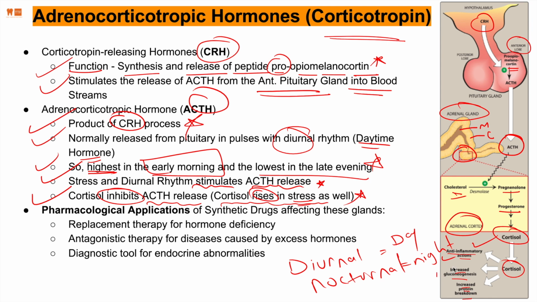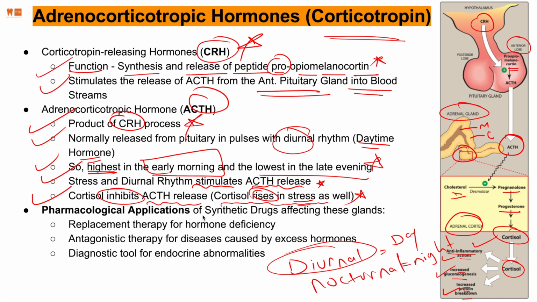Then there's increased gluconeogenesis, meaning it produces more new sugar from the liver, increases protein breakdown, and it actually becomes metabolic, right, in a way. So cortisol is an important hormone that is associated with the diurnal system as well, and it's the end of the thread from the CRH family.